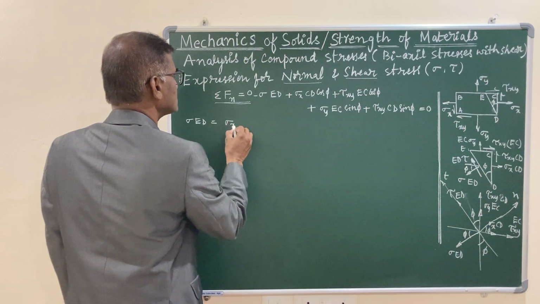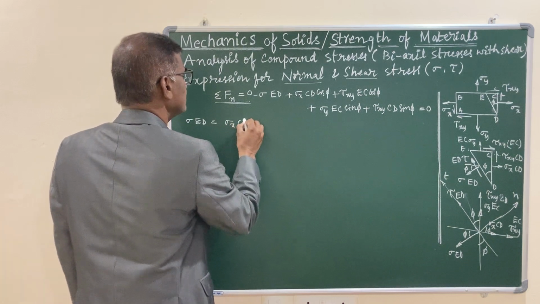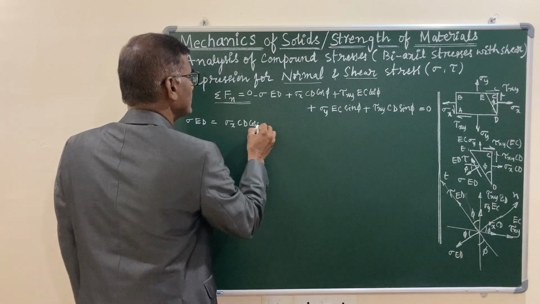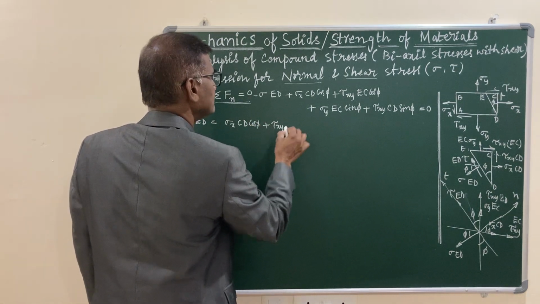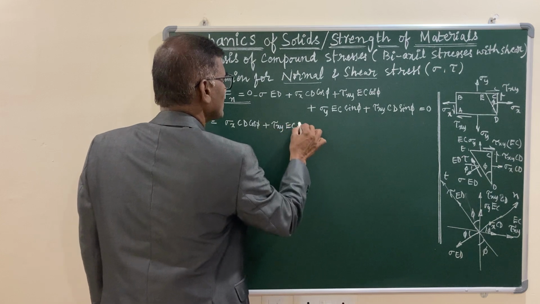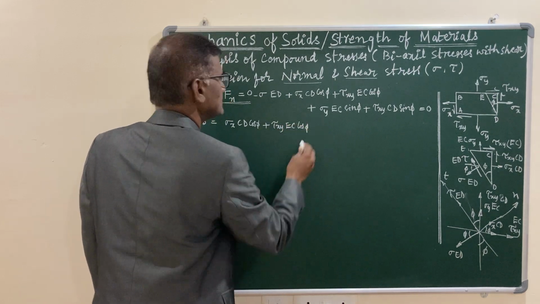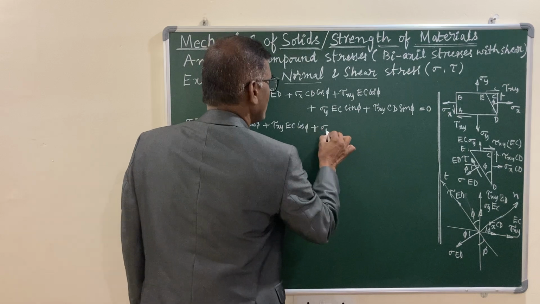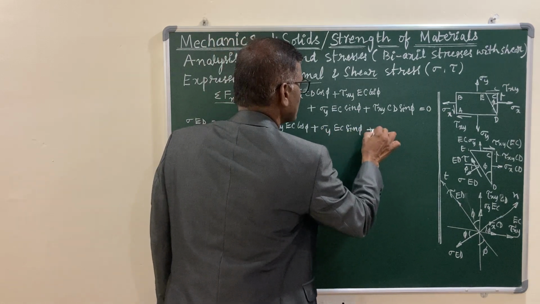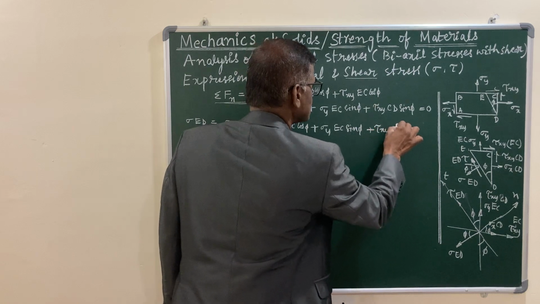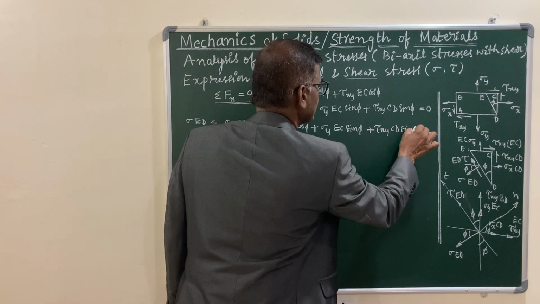It is sigma x CD cos phi plus tau xy EC cos phi plus sigma y EC sin phi plus tau xy CD sin phi.